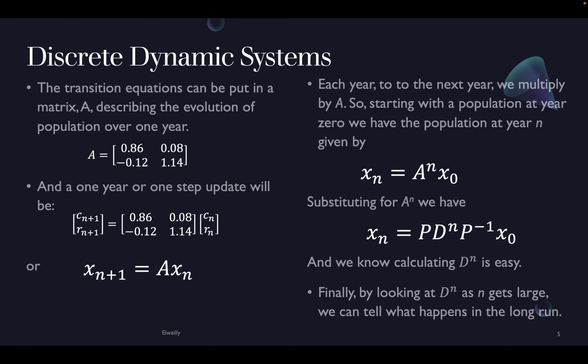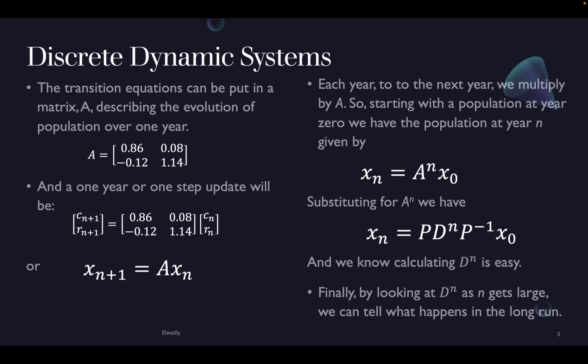This whole thing can be represented in matrix form. If you have C of n plus 1 and R of n plus 1, this can be represented as a vector, and similar for C of n and R of n. So you have some matrix times the C of n, R of n vector equals the C of n plus 1, R of n plus 1 vector.